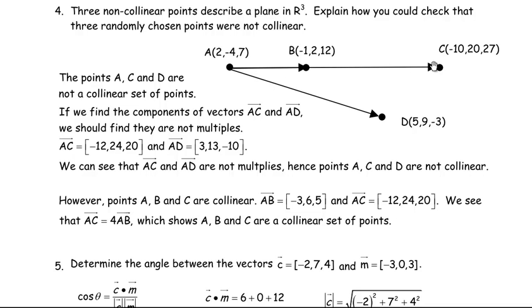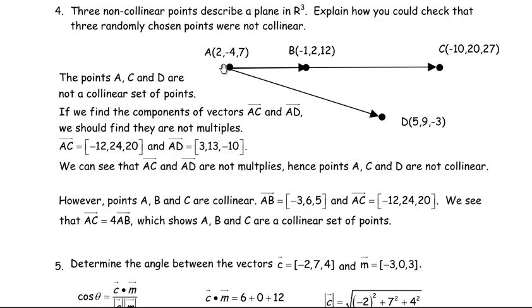Now, if we were to find the components of vector AC and AD, you can see on the page that they're not parallel vectors. So we should find that vectors AC and AD are not multiples.